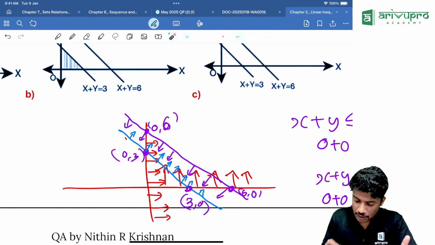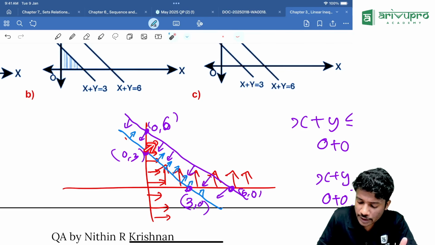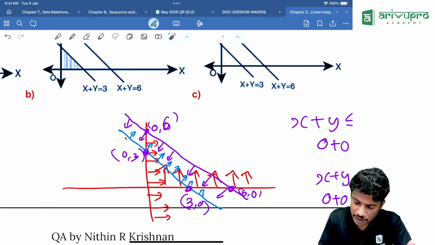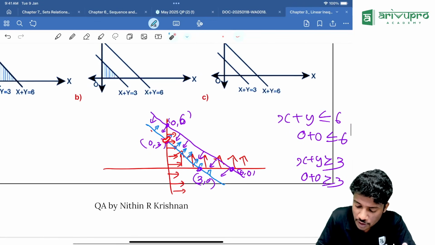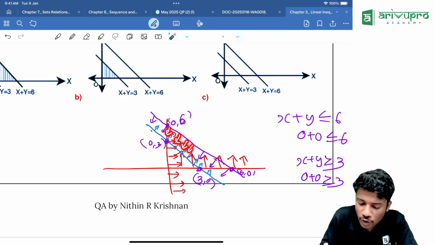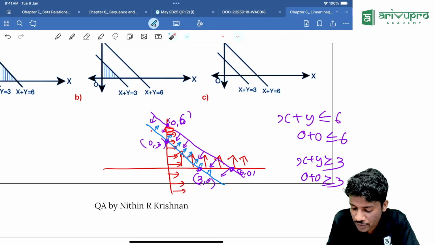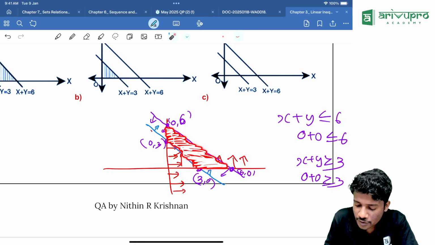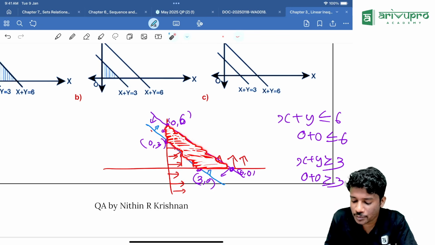Then x plus y greater than or equal to 3 is going towards this side. Now x plus y less than or equal to 6 is going towards this side. What is the common region between them? This region. This is the only common region between them.